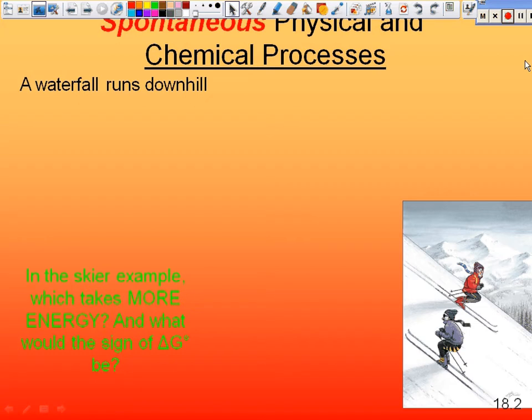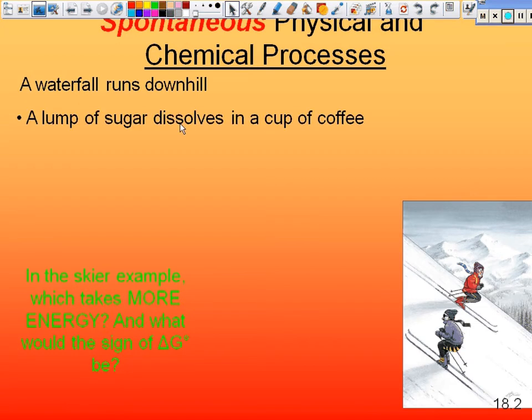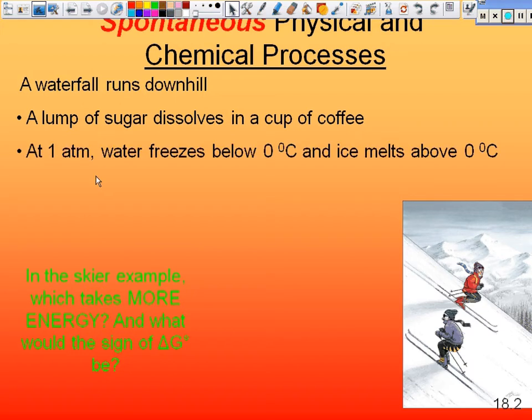All right, a lump of sugar dissolves in a cup of coffee. It's physical because it's turning from a solid clump and it's dissolving into smaller particles. But did the sugar chemically change itself? No, okay? At 1 atm, water freezes below 0 and ice melts above 0.